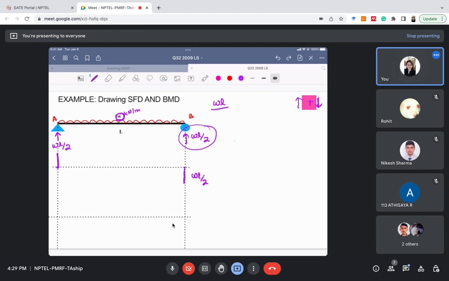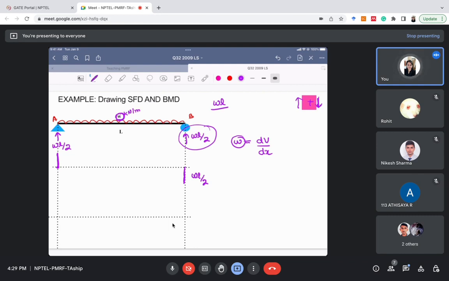We know this formula: loading equals the slope of the shear force diagram. So we will see what the type of loading is. Loading is downward, and downward loading is negative. So loading is negative and constant. The loading is neither increasing nor decreasing. W is constant throughout the beam and it is negative.